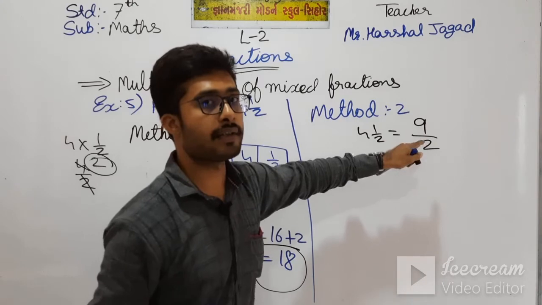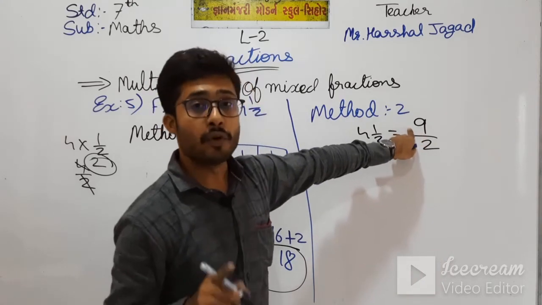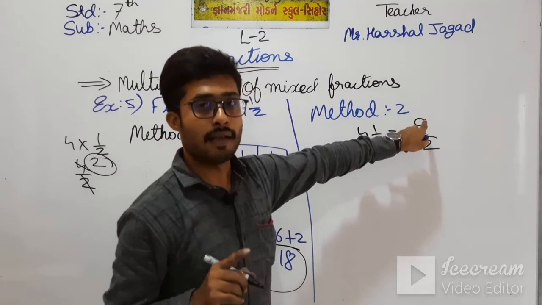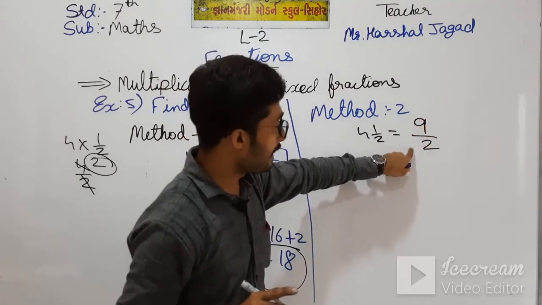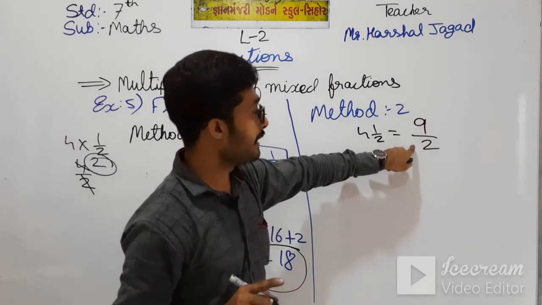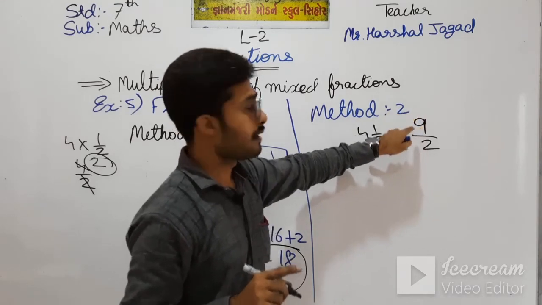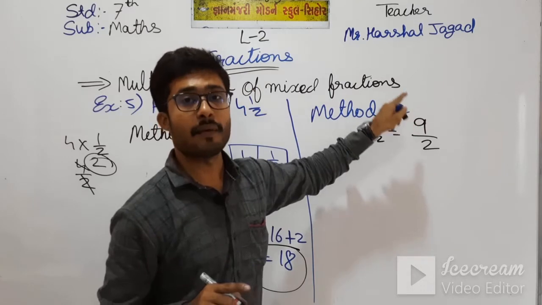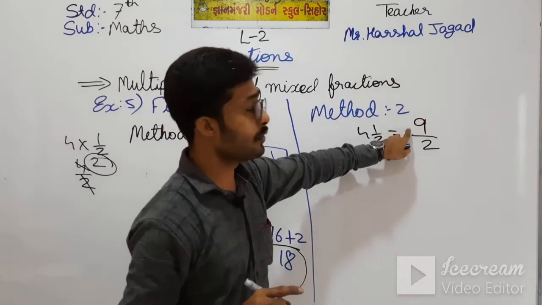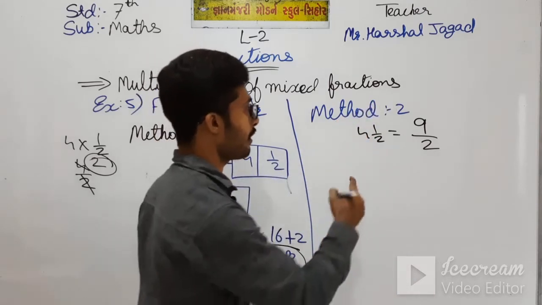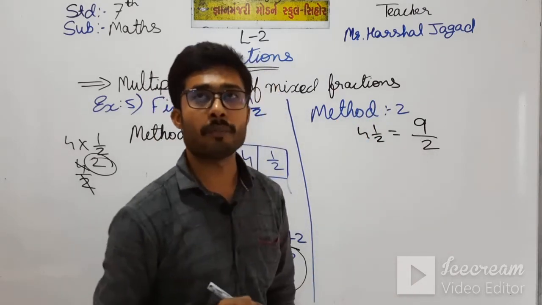Why improper fraction? In an improper fraction, the numerator is greater than the denominator. If 9 is downward in the denominator and 2 is upside, that is numerator, then it is a proper fraction. But here the numerator is greater than the denominator, so it is an improper fraction. So we have converted this into the improper fraction.